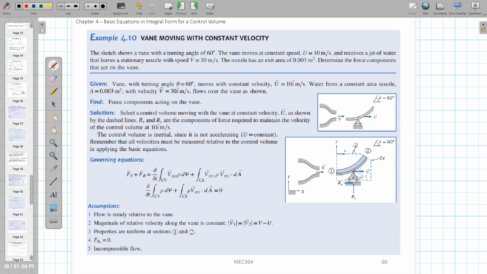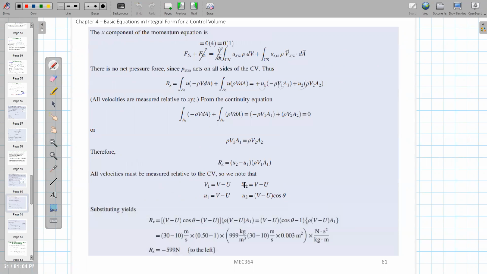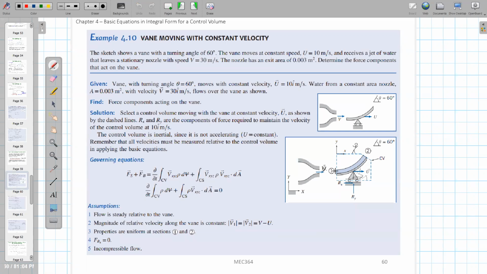Okay, no, it is V. Sorry, I made a mistake here. This big V is the velocity of the fluid in the stationary frame, the large xy, and this big U is the movement of the reference frame. So V1 here will be just equal to big V minus U, because V1 is the fluid velocity at the inlet relative to the new coordinate system.